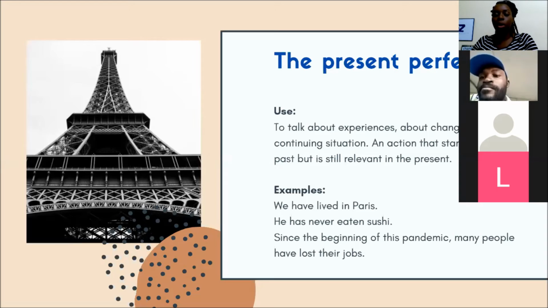So these are situations in which you would use the present perfect to talk about something that happened recently and is still relevant today. It happened in the past and it's still relevant today. Or to talk about an experience or something that has changed. He had a job before, now he doesn't have a job anymore. He has lost his job.